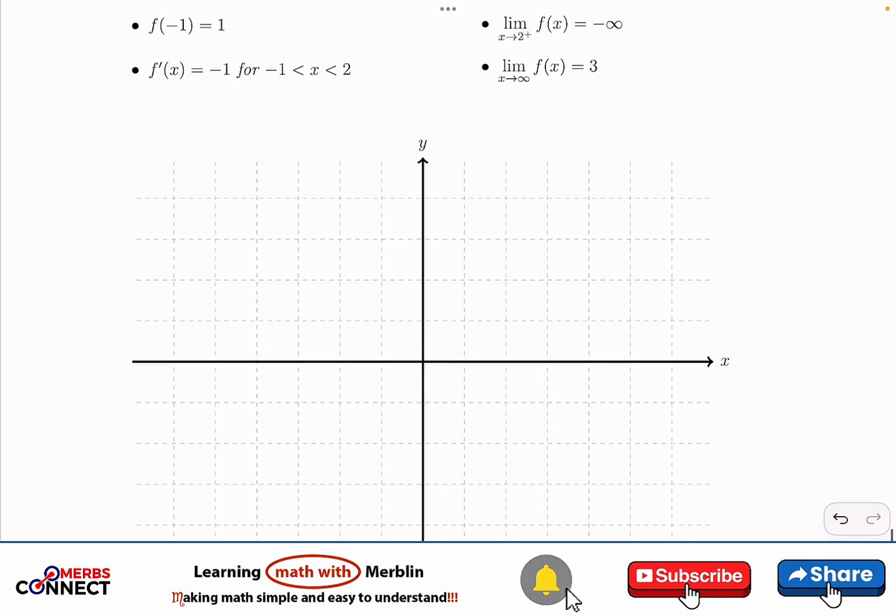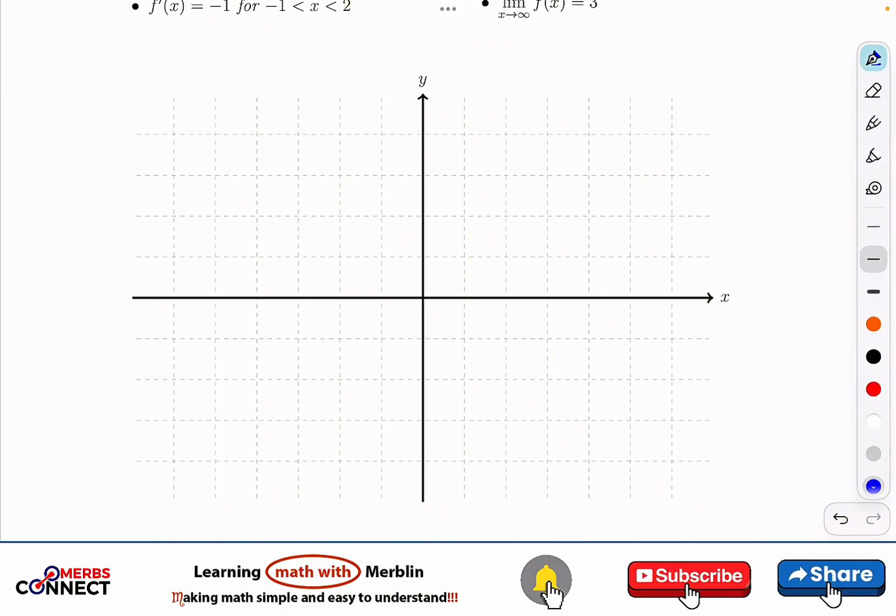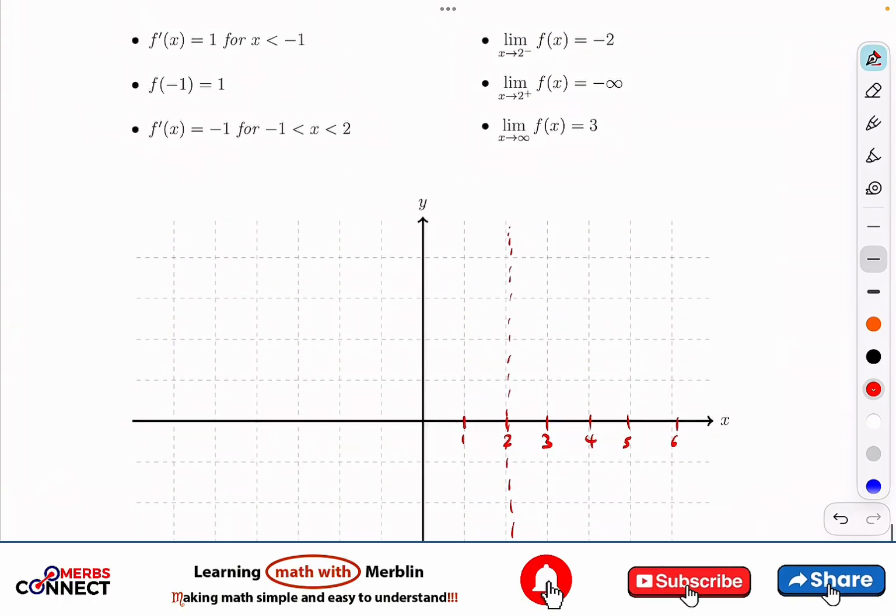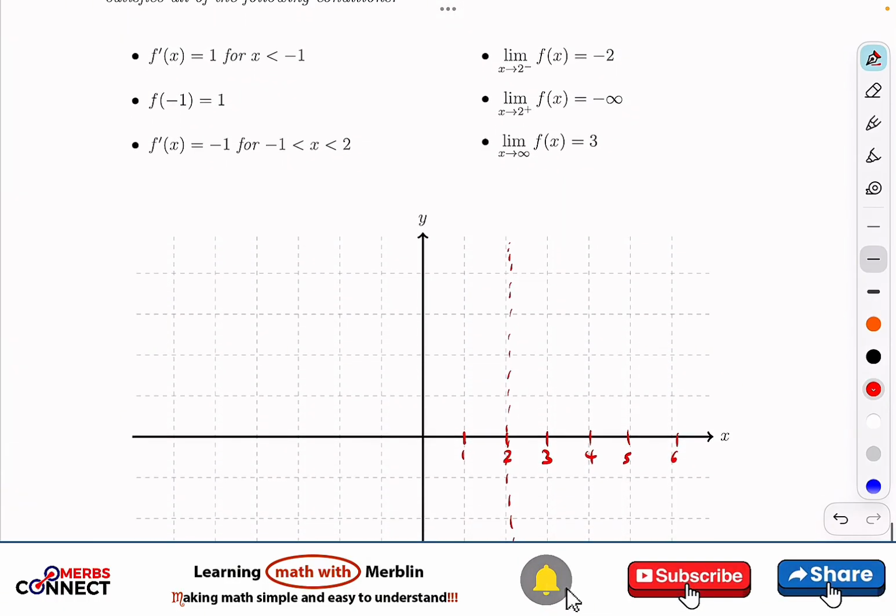So since they're saying that except, I can just put something here because this is my vertical asymptote before I can even start doing whatever I want to do. So I love this one because this one is easy to plot.